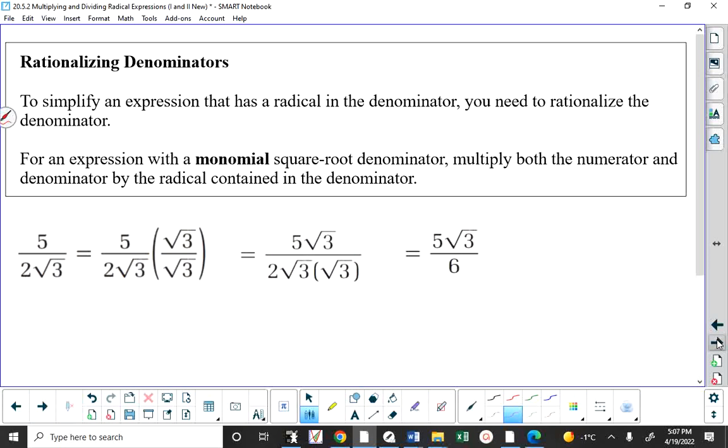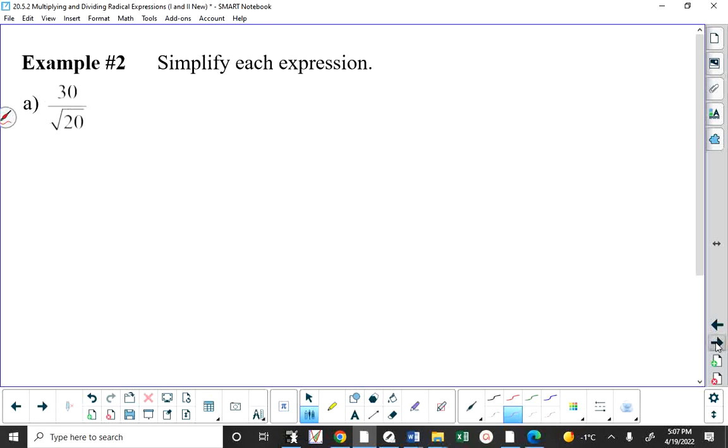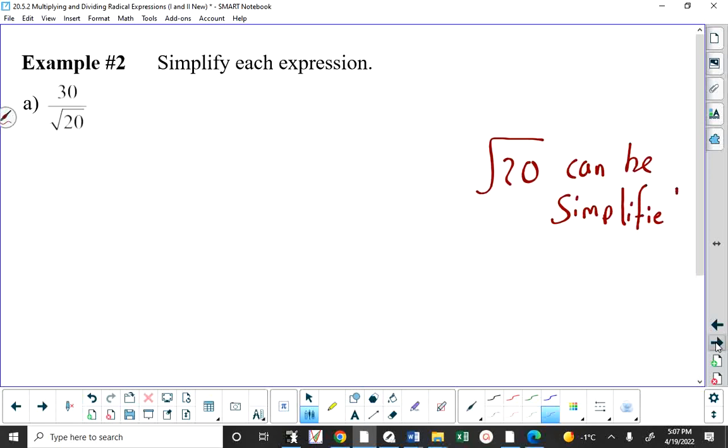Let's try a couple of these now in example form. Simplify each expression, 30 over root 20. Now, there are a couple of things that need to happen here. One is root 20 can be simplified, and that's going to need to happen somewhere along the way.